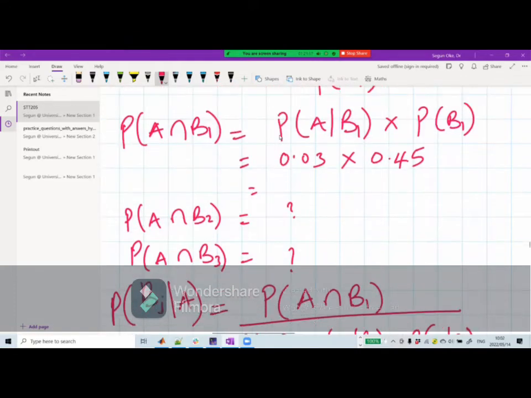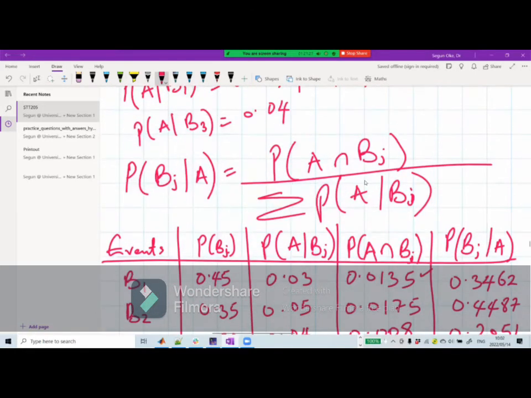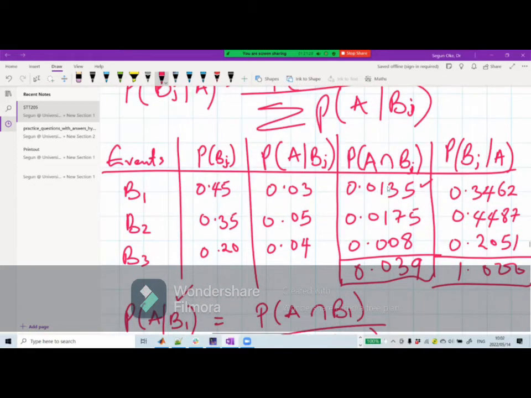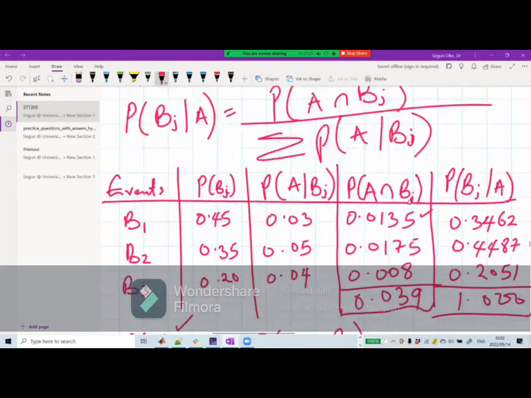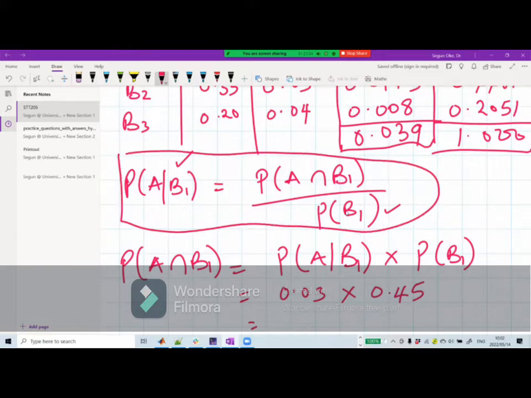Okay, you asked the question here. You said probability of B1 given A. You already have B1 here, given A here. We already have them here. Remember, we use this to get this.